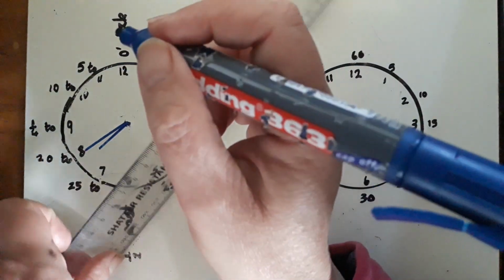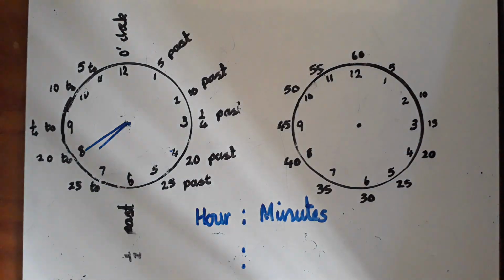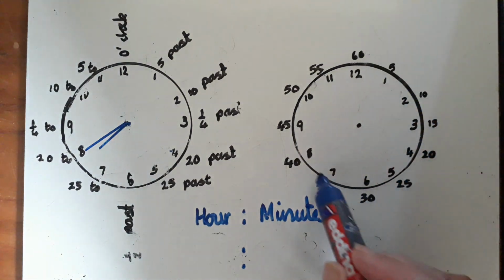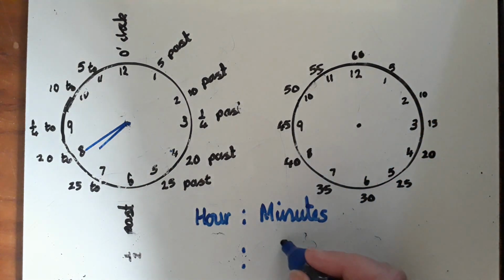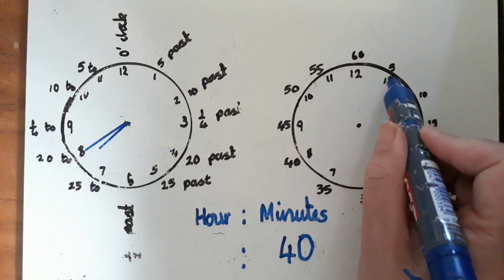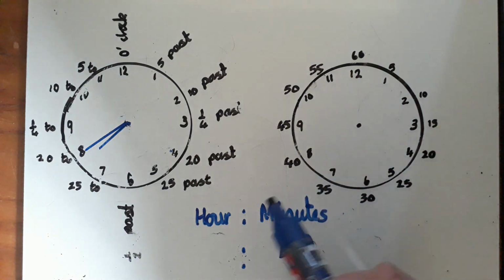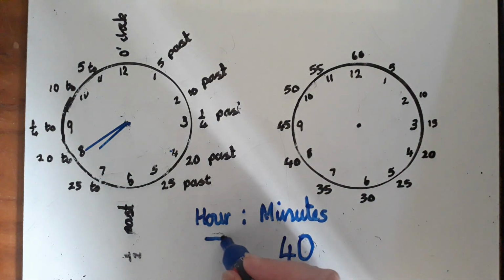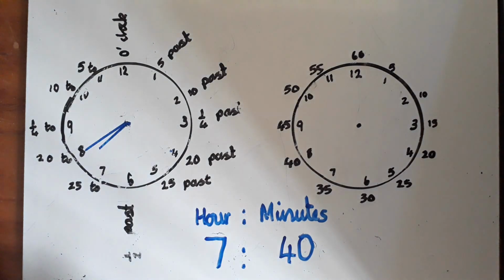Then for our digital time, I have to think, the minute hand has come round to the 8, so the minutes are 40. And remember, this is the one that counts on, so it hasn't got to 8 o'clock yet. So here our hour is 7, and the time is 7:40.